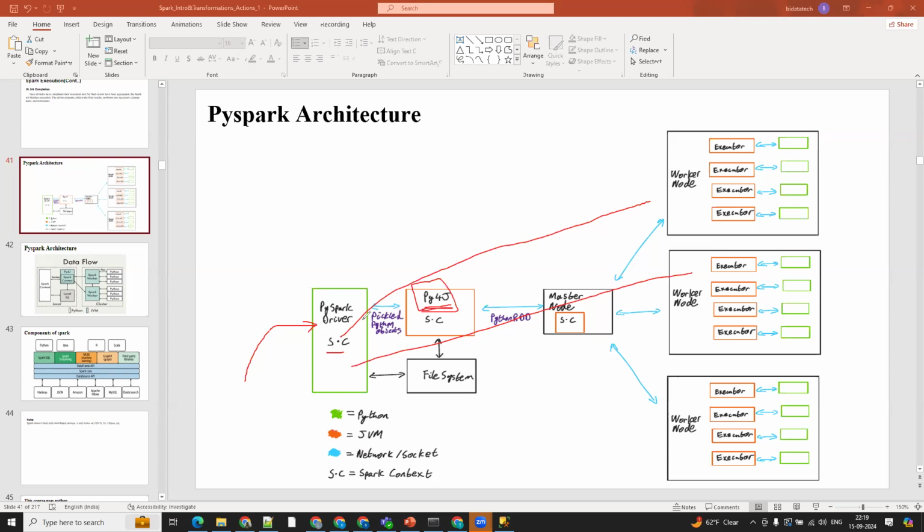By default, in Python, the code will be serialized and converted into objects. Those objects will be converted into Java objects, and they will be handed over to the executors, to the cluster. This master node will try to hand over those objects to the executors.